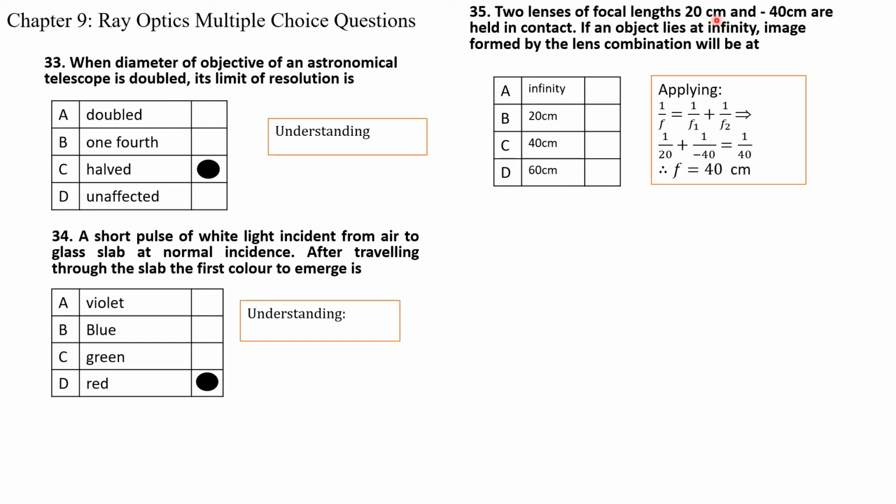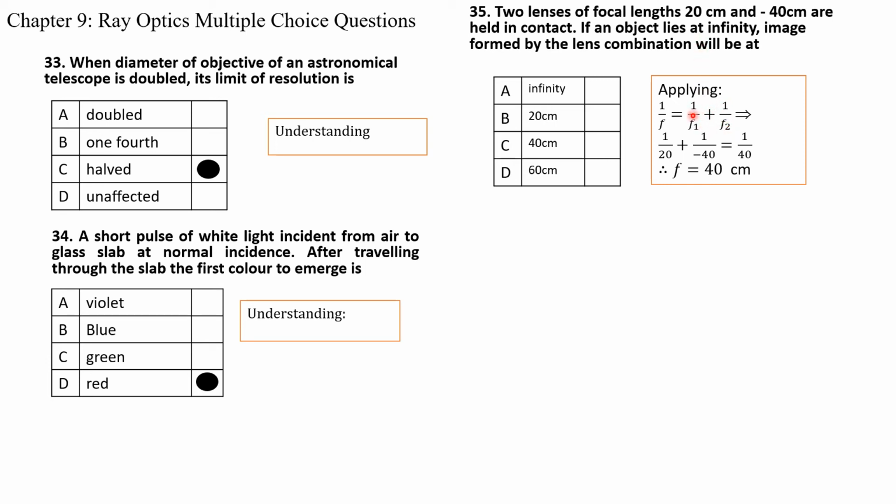One is 20 centimeters and the second one is minus 40 centimeters. The object is at infinity. These two lenses are held in contact, and we have to find the final focal length. So, we have to apply and remember the formula. 1 by F is equal to 1 by F1 plus 1 by F2.